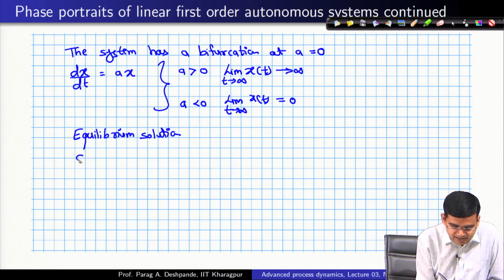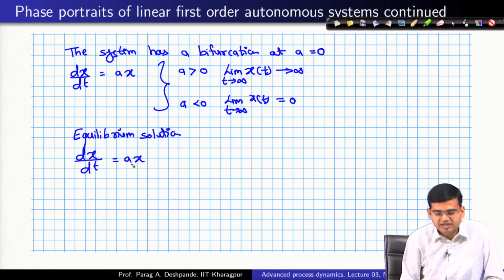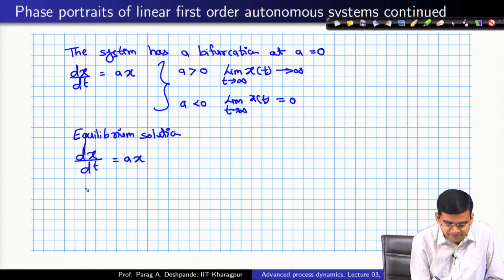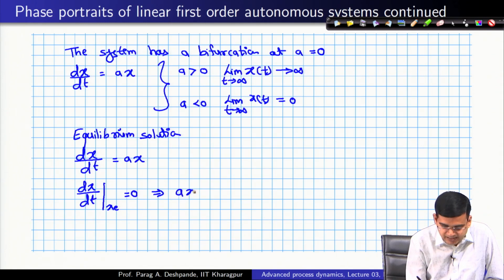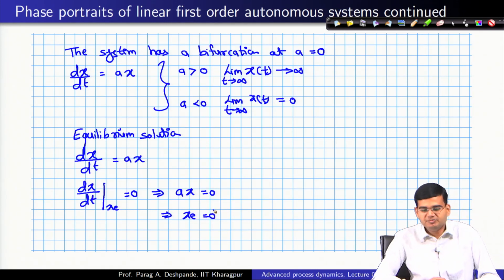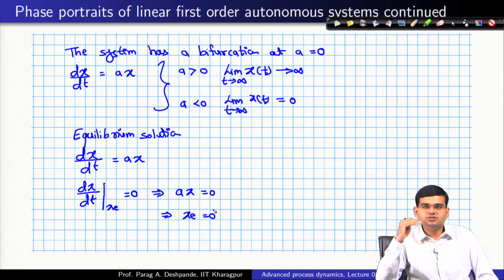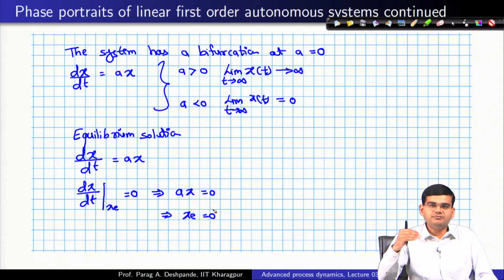So, if dx/dt = ax, then we determine the equilibrium solution by setting dx/dt at x_e equal to 0, which means a x_e = 0, which means that x_e = 0. So x = 0 is an equilibrium solution, and the meaning of it is that if x_e = 0 is attained, then the system will continue to have the same value of the dynamical variable forever in future.